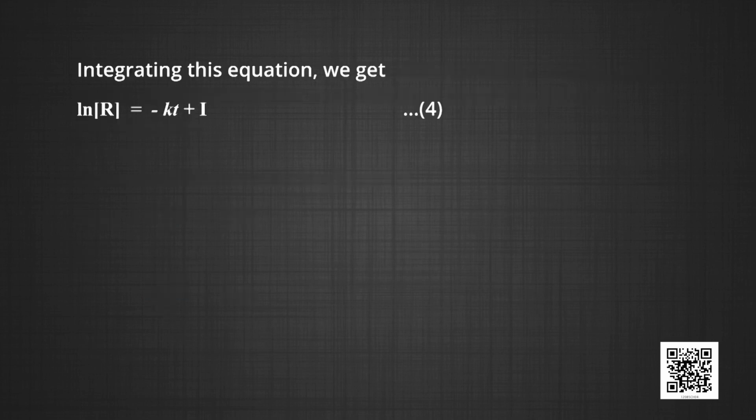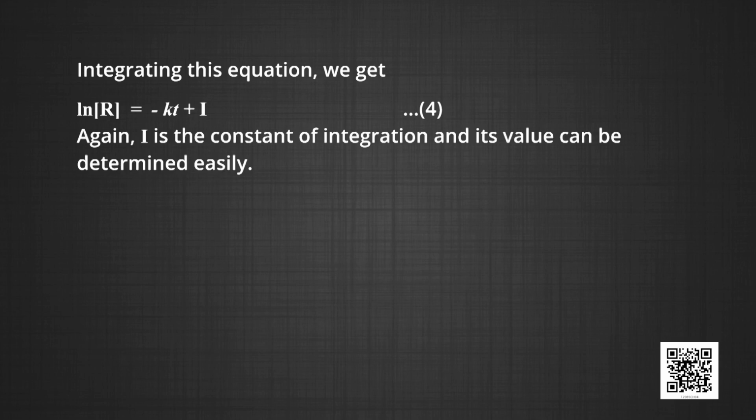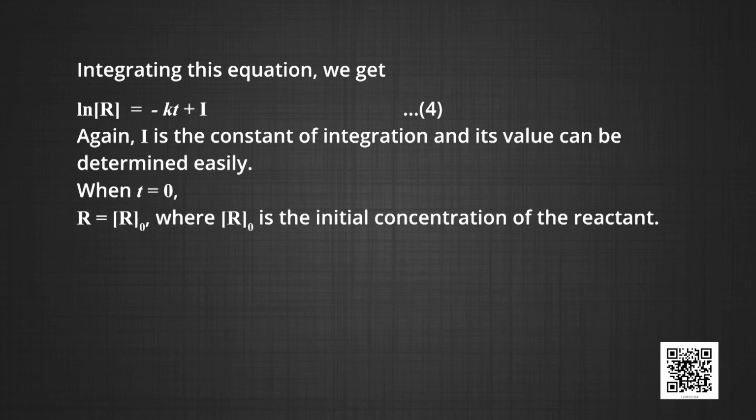Now, integrating this equation, we get natural logarithm of the molar concentration of R equals minus kt plus I, and this is our equation 4. Again, I is the constant of integration and its value can be determined easily. When t, that is time, equals 0, [R] equals [R]0, where [R]0 is the initial concentration of the reactant.